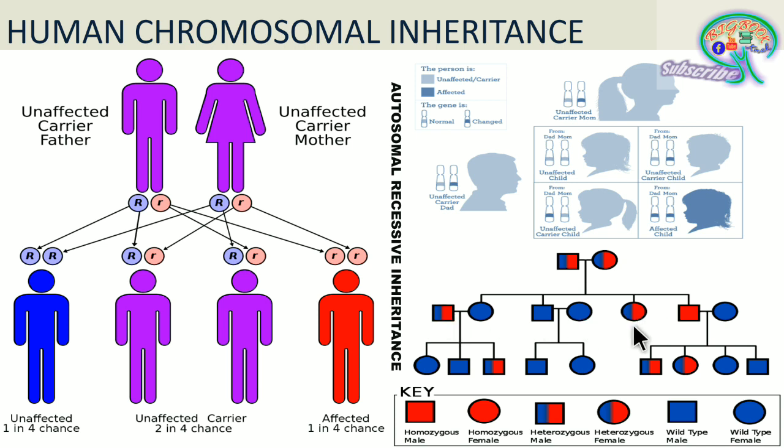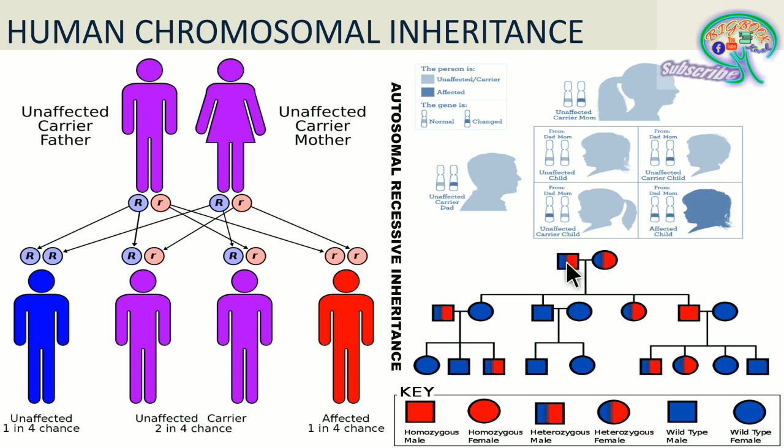Here also the carrier female, carrier male, and here it is the affected male. Now, these same second generation individuals are going to inherit. Here again it is the carrier and carrier.